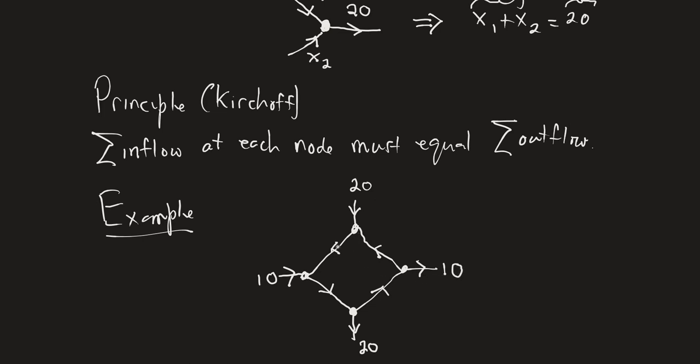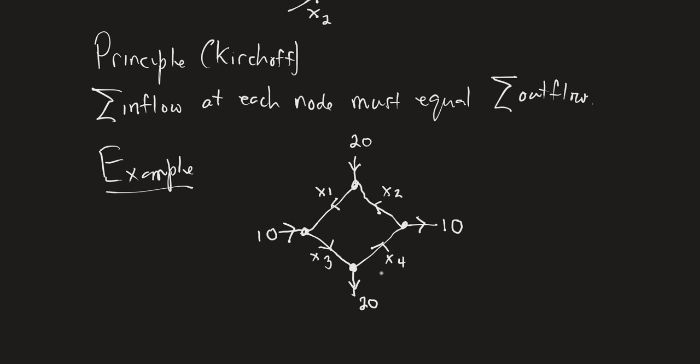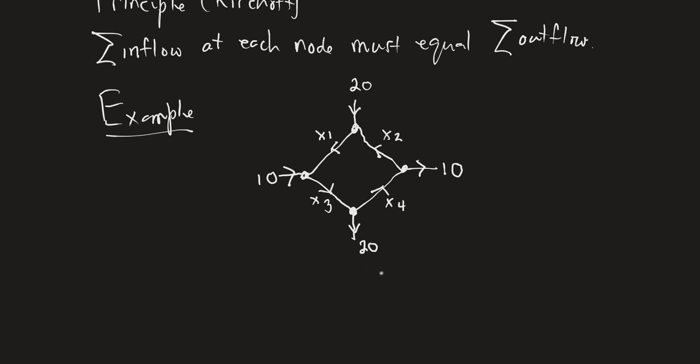What we don't know is how much of this quantity is actually flowing along these four, so let's call them x1, x2, x3, and x4. The first thing we want to do, our instruction would be: solve the following network, or what is the general solution of the following network. So that's what we're going to do first.